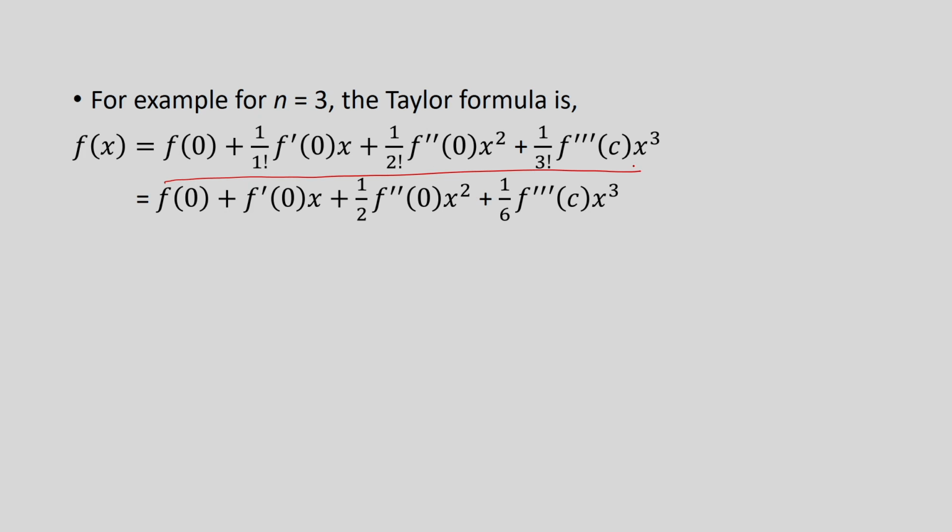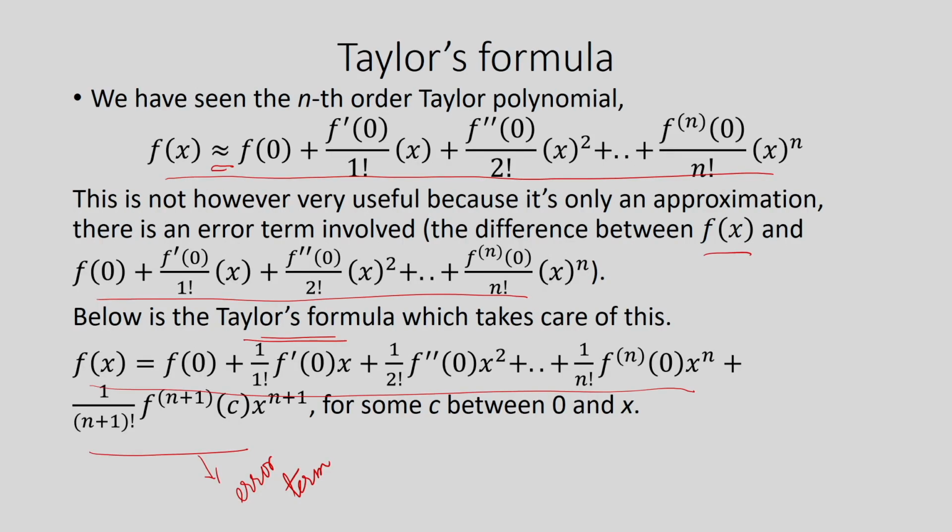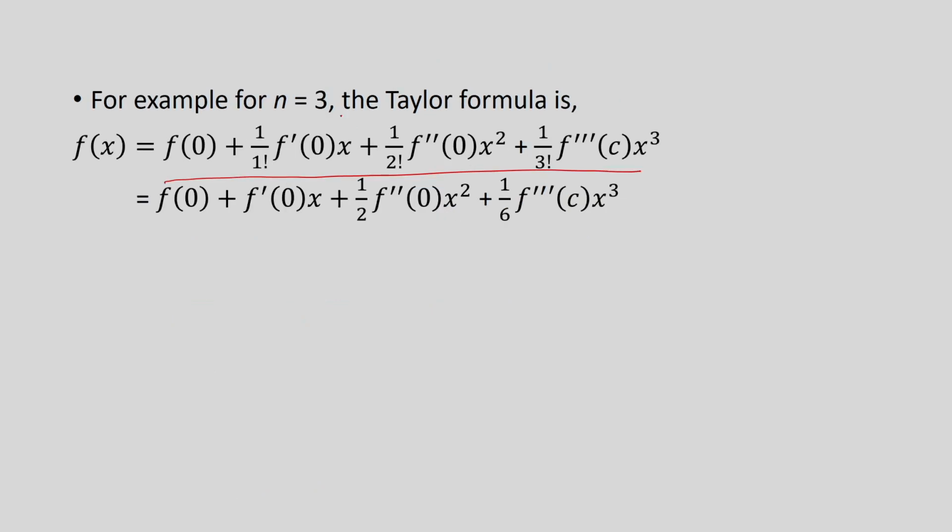This will be actually for n is equal to 2, right. It will be for n is equal to 2, not 3. Okay, so after the second term you have the error term. So, that is why it is n is equal to 2.